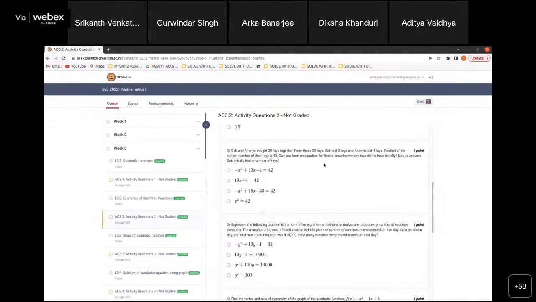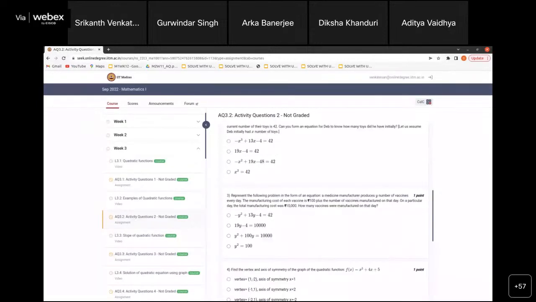So x minus 3 times 16 minus x will be equal to 42. Computing x minus 3 times 16 minus x, you will get minus x square plus 19x minus 48 is equal to 42. That is the equation we want.